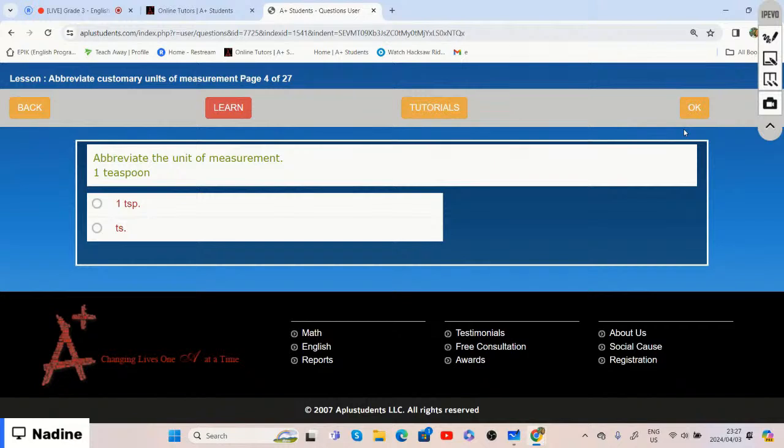We need to abbreviate teaspoon. Is it TSP or is it just TS? Teaspoon.